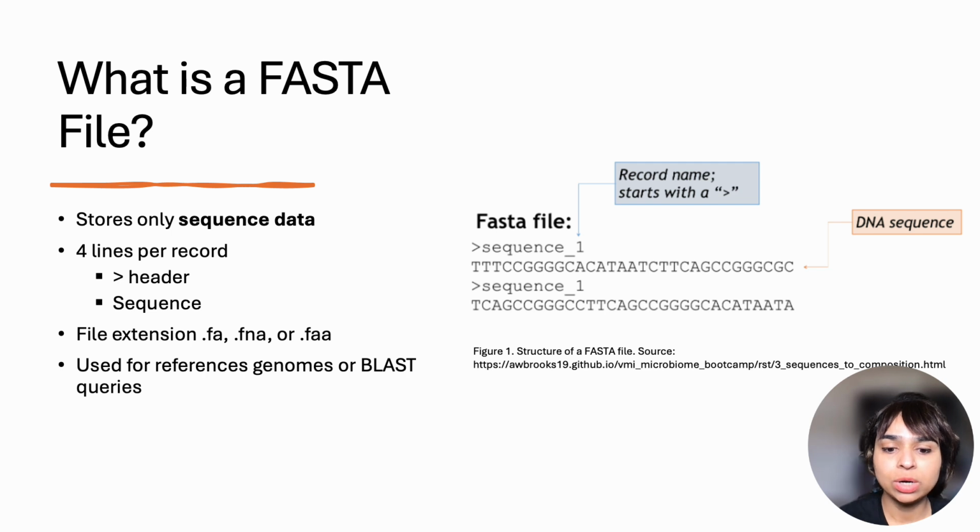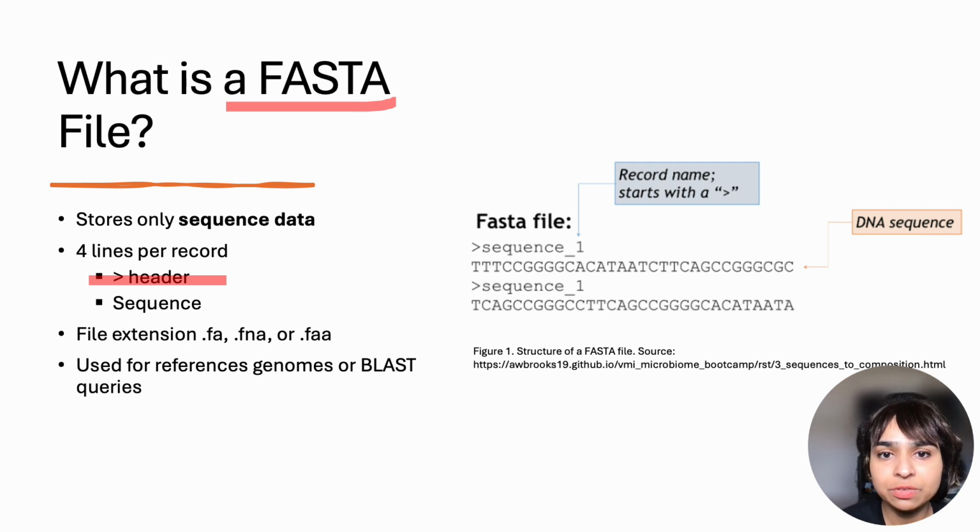Okay, so a FASTA file is the most fundamental file format in bioinformatics. It is used to store biological sequences, either DNA, RNA, or proteins, in a very clean, readable format. Each entry in the FASTA file has two main parts. The first one is the header line, which always starts with a greater than symbol.